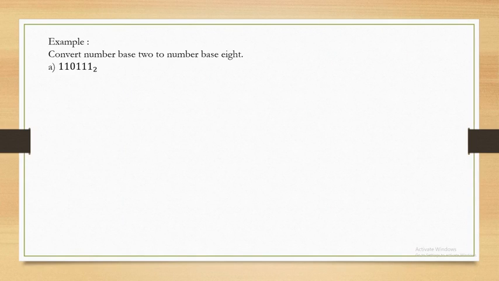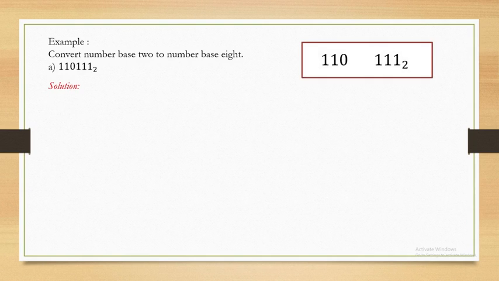Okay, for the first example, convert number base 2 to number base 8. Convert these numbers 110111 base 2 to base 8. Okay, for the solution, first we're gonna separate 3 digits in one group and start from the right, 3 digits in one group and then 3 digits in one group.